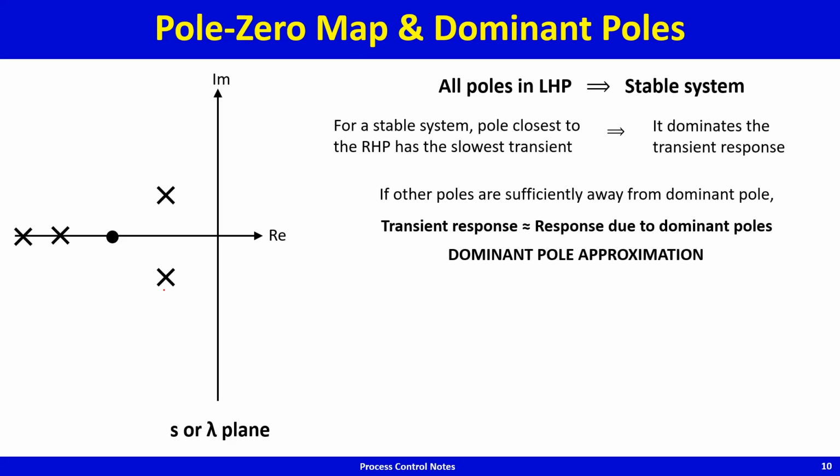The one that approaches the right half plane first, the one that gets to the right half plane the quickest, that's the dominant pole, because the transients because of that will be the slowest while it is in the left half plane. And this route or pole goes rightwards as tuning is made more aggressive, for example as the controller gain is increased.